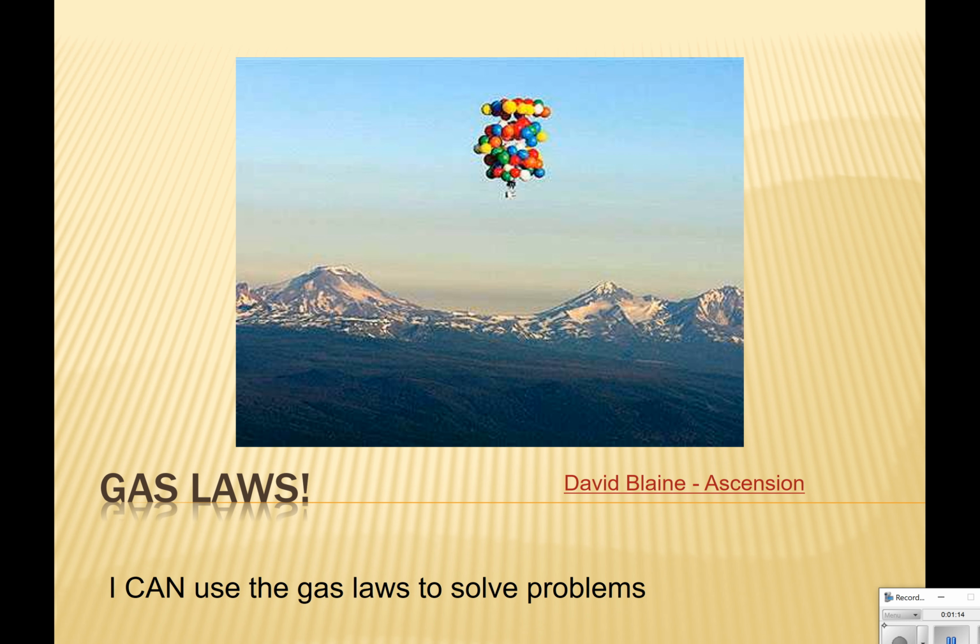He had a rig set up with balloons like you see in the picture here, and he rode them a few, I think it was maybe around 30,000 feet or so into the atmosphere, and then jumped from his balloon rig and skydived back down to the ground. And he explains in there several of the different gas laws and how they were going to come into effect during this ascension. So if you get a chance, I encourage you to check that out.